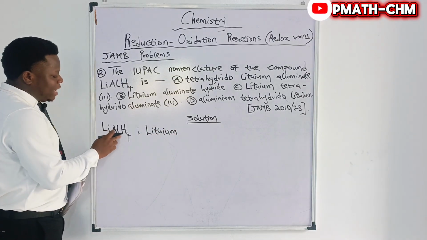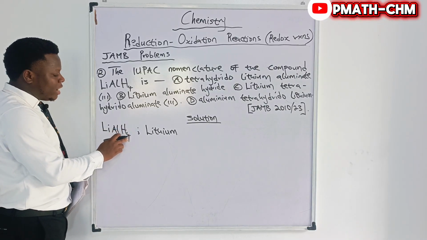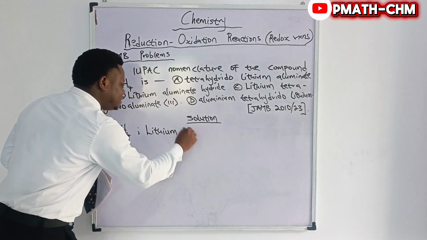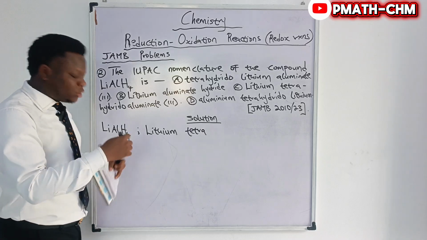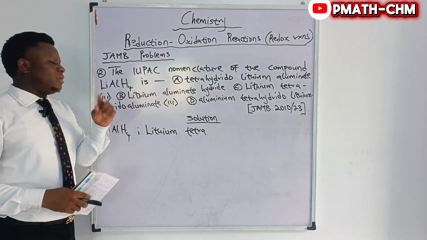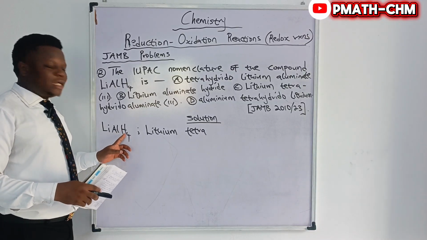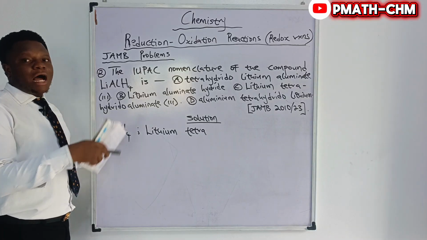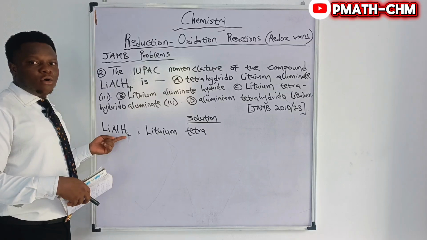then in naming AlH4, you come to the part of hydrogen first. So we have 4 hydrogen. 4 is named as tetra. Then hydrogen in this case is actually behaving like a hydride. What do I mean? Remember I told you when hydrogen is bonded to other metals that are more metallic than itself, it behaves as a non-metal.